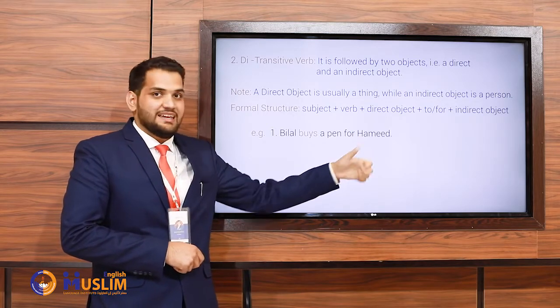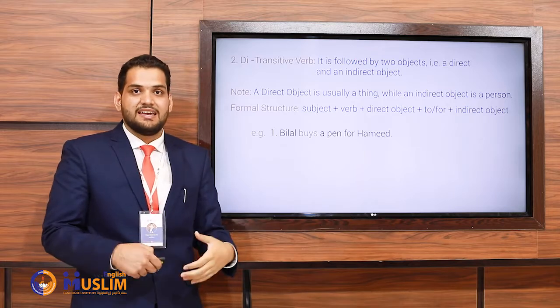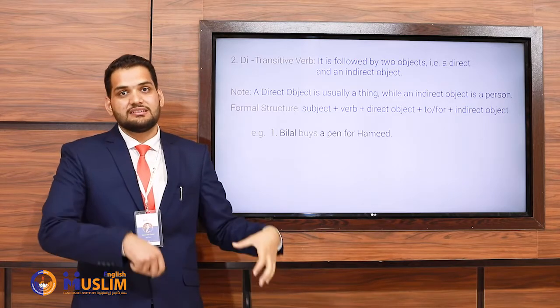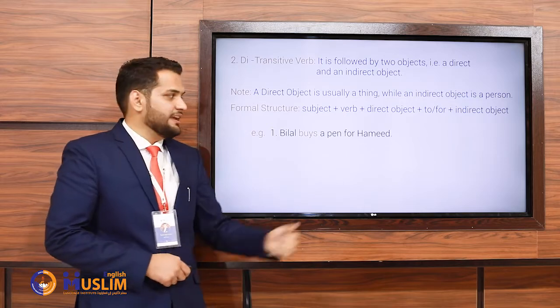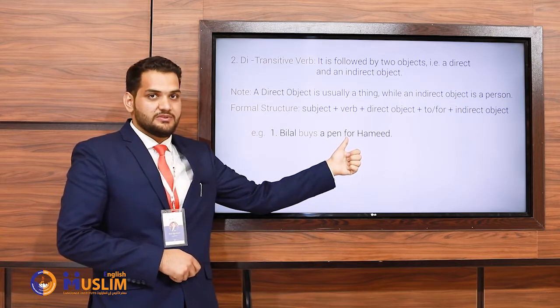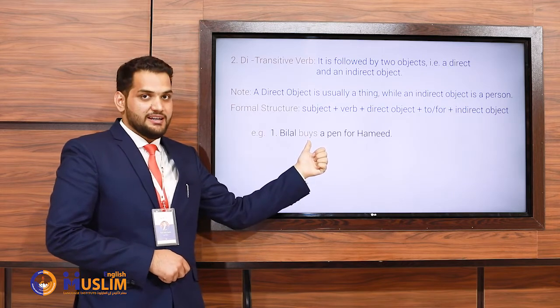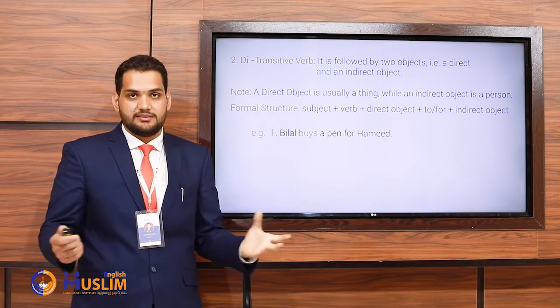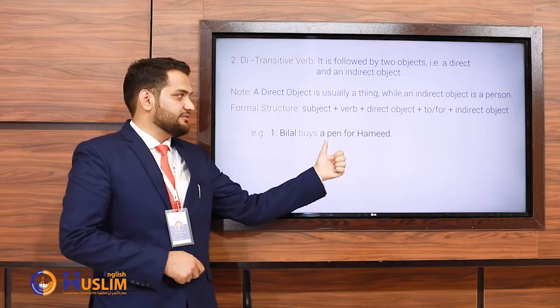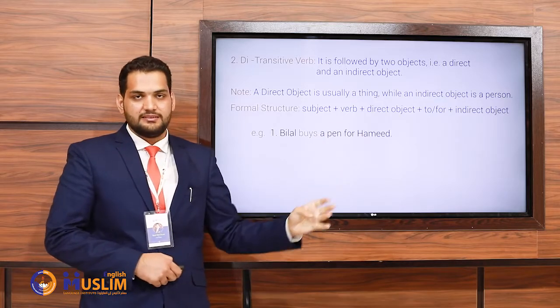So Hamid is the indirect object because he received the action in the second place. And between them, we have the preposition for.